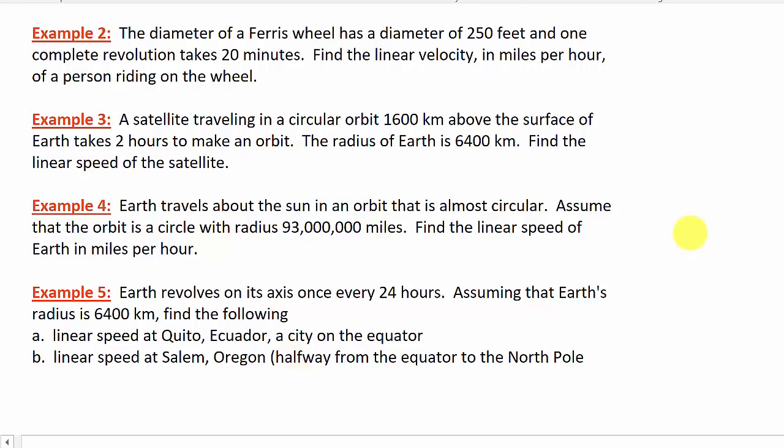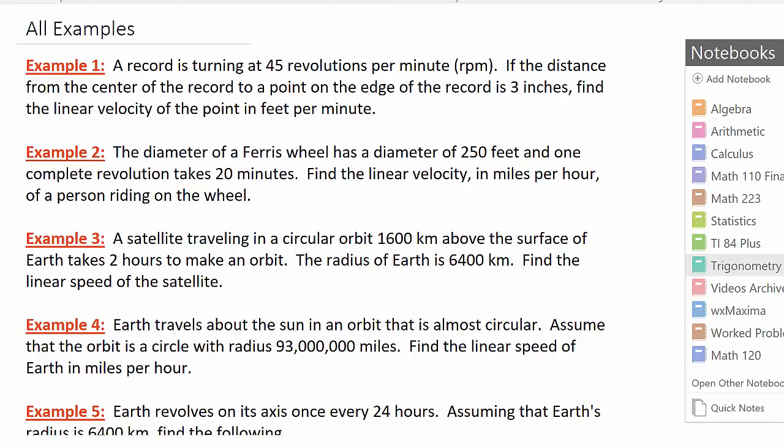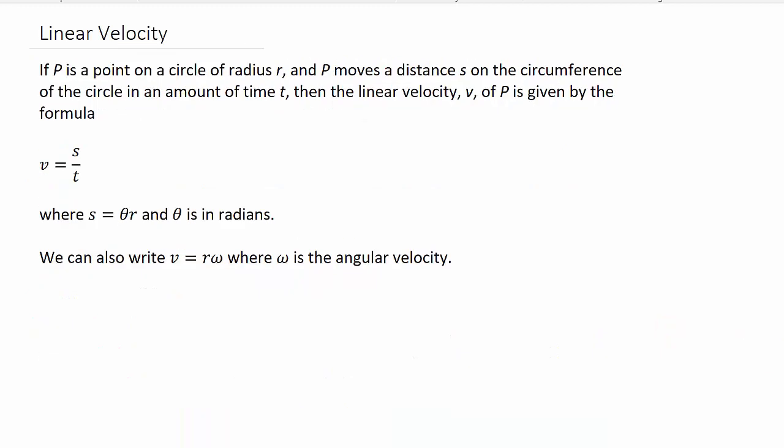So, check them out. But before we get into looking at the problems, let's look and see the linear velocity. It says if P is a point on a circle of radius r and P moves a distance s on the circumference of the circle in an amount of time t, then the linear velocity v of P is given by the formula V equals S over T, where S is theta times R and theta is in radians.